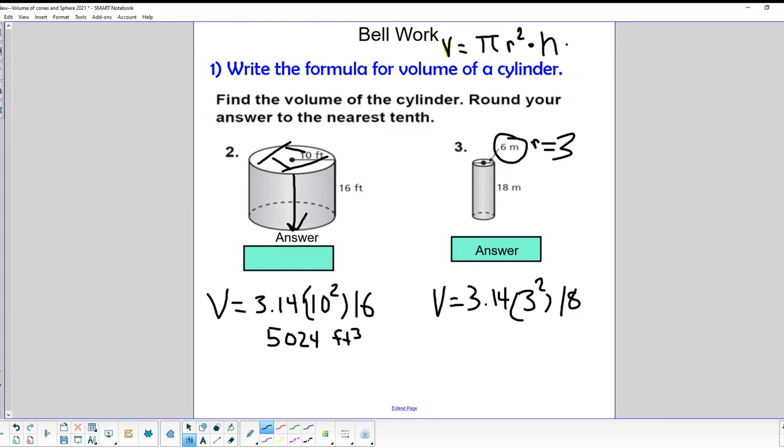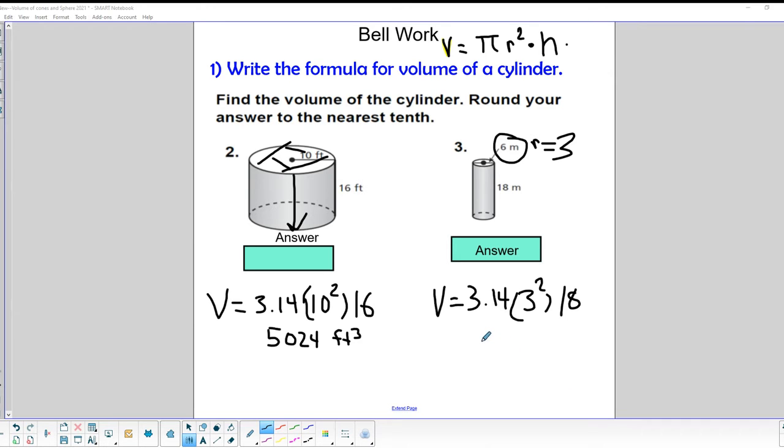Okay, for our next one, we clear out the calculator, then we do 3.14 times 3 times 3 times the height, which is 18. And so this one's going to be 508.68.